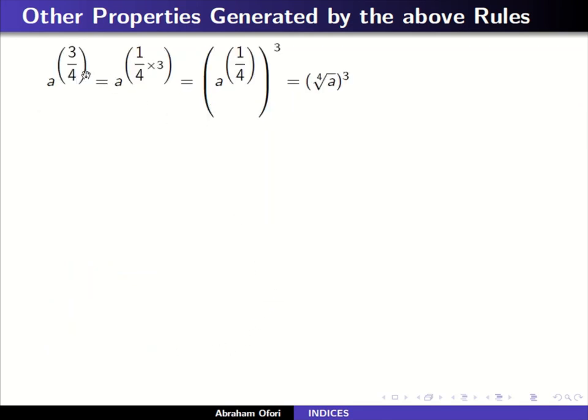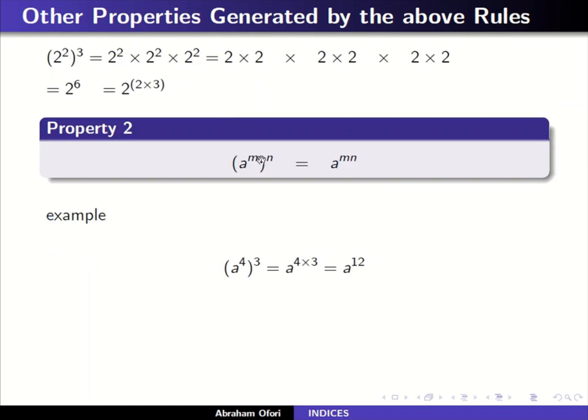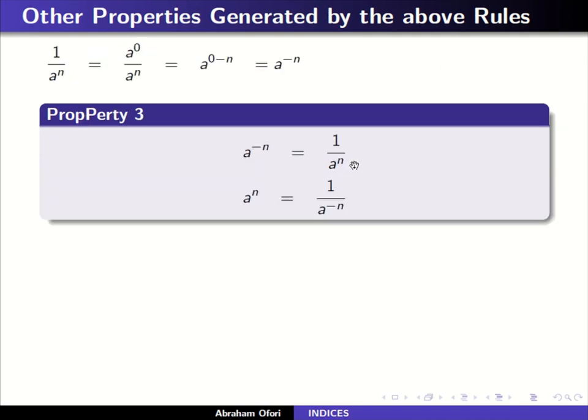So I have this. Okay, let's look at something. If I have this, I can expand the power here, the fraction, and write 1 over 4 times 3. This will give me the same as this. But from the power rule that we learned, if I have a to the power m times n, I can write this as a to the power m, all to the power n, or you can even interchange them, and it works.